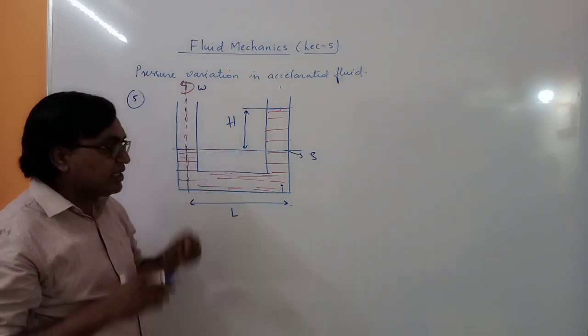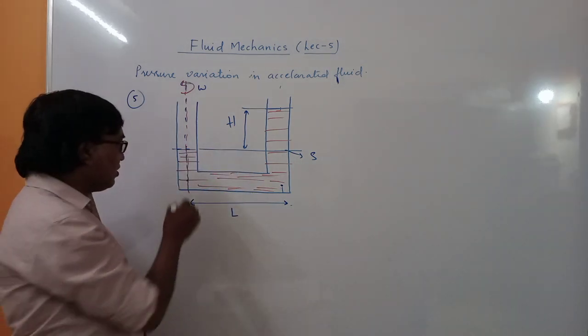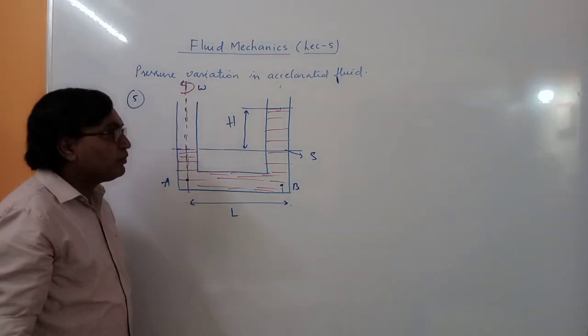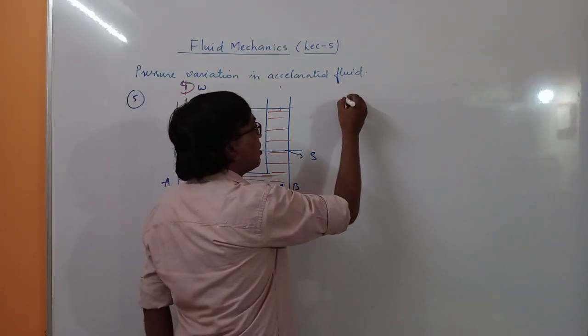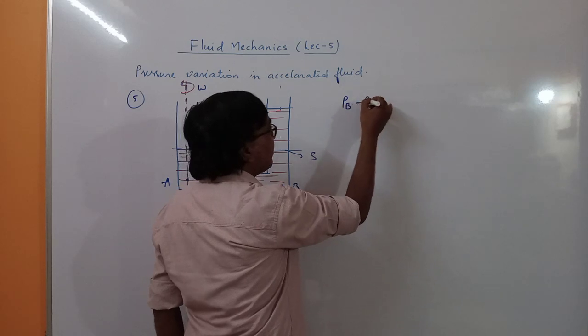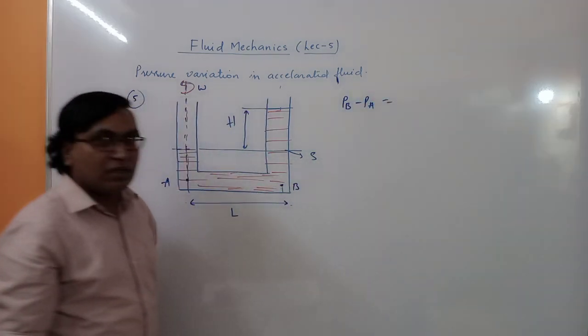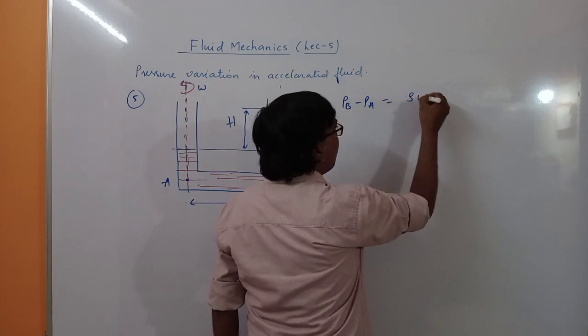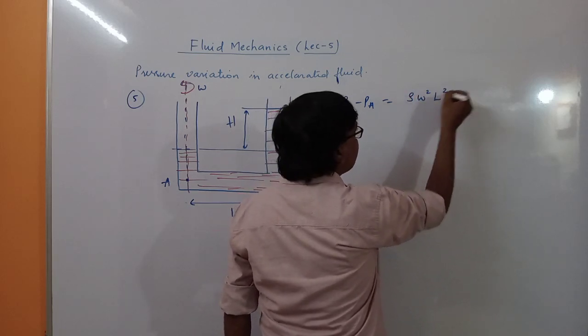Let us call this point A and this point B. Then PB minus PA, because PB is greater, is given by the formula we have used here, rho omega square L square by 2.